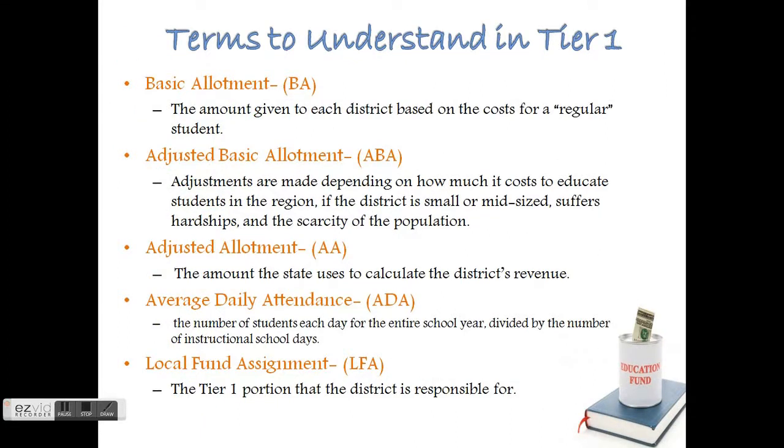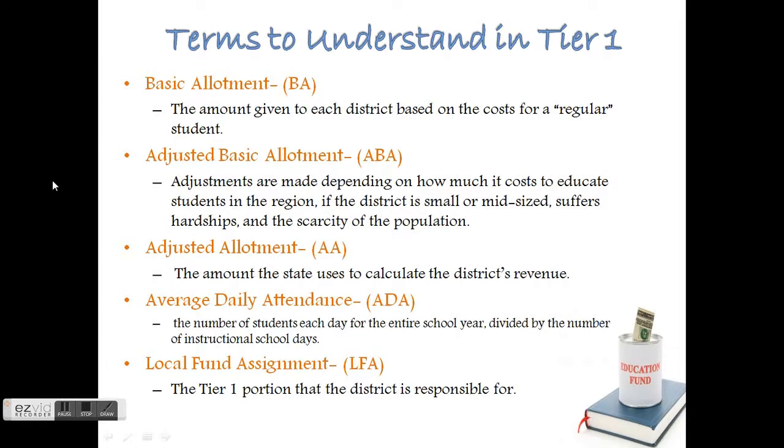So, let's look at some terms so you can understand Tier 1. The first term we're going to look at is the basic allotment. This is the amount given to each district based on the cost for a regular student. The next term is called the adjusted basic allotment.